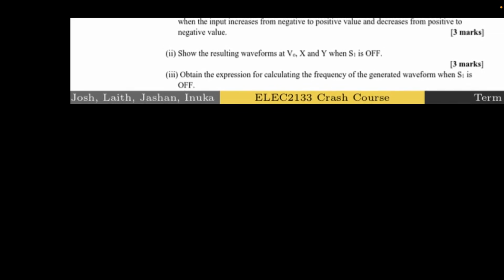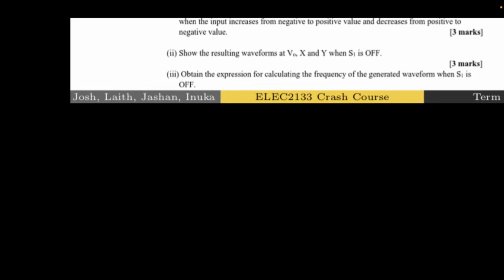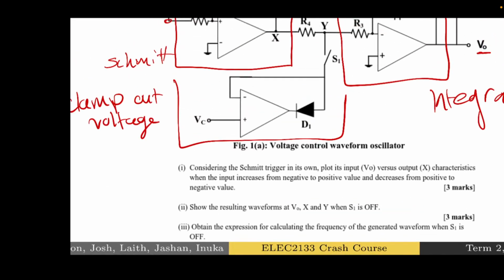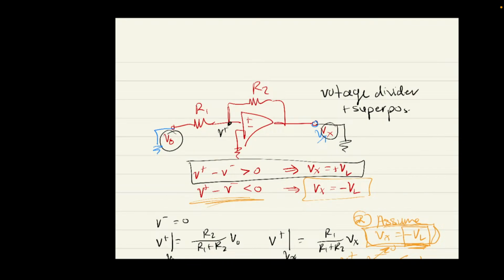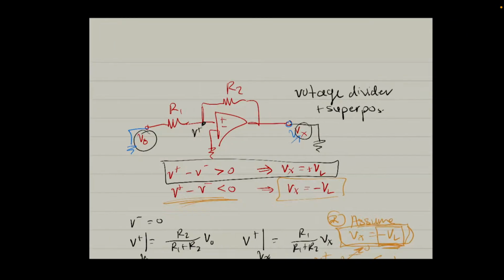Okay, question 3. We want to obtain the expression for the frequency. How do we do that? The first thing to notice is that we can find the period using RC charging, which we'll get to in a second.